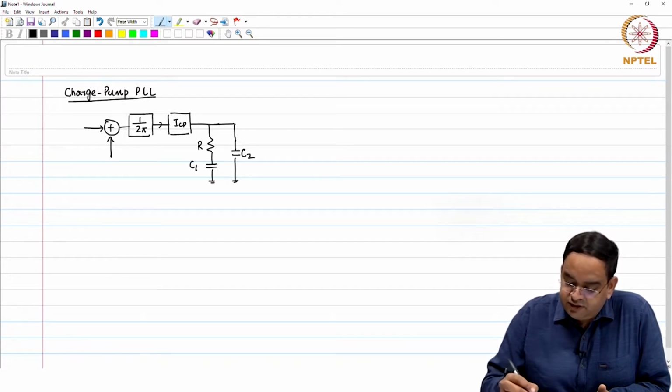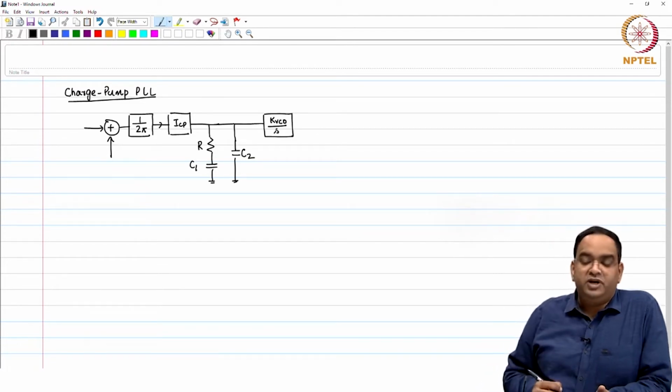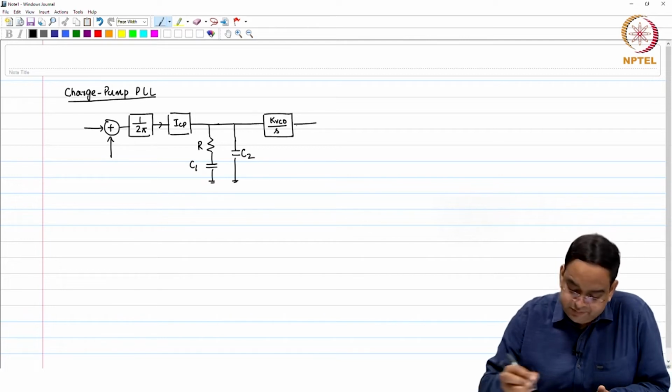In the previous session, we saw the need of the ripple bypass capacitor. The control voltage actually changes the frequency of the oscillator with a gain of kVco over S for the phase.